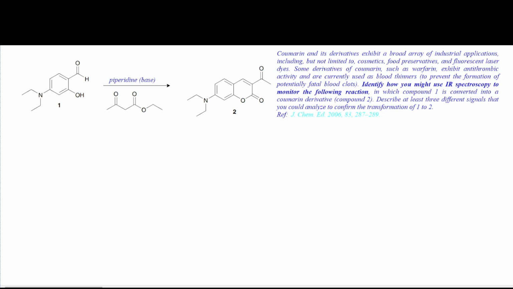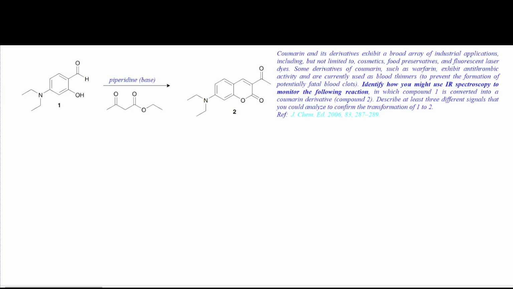One of my students from Florida has shared this particular question with me. It says: Coumarin and its derivatives exhibit a broad array of industrial applications, including but not limited to cosmetics, food preservatives, and fluorescent laser dyes.